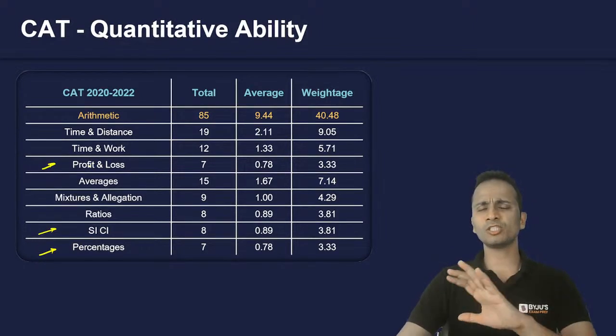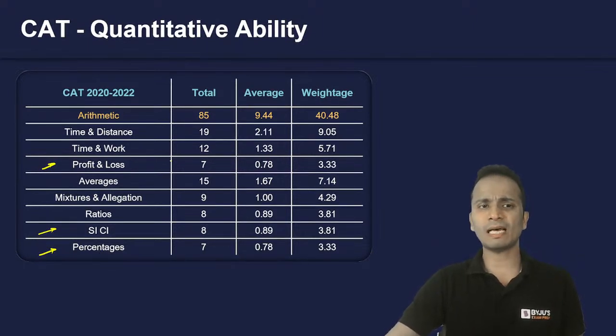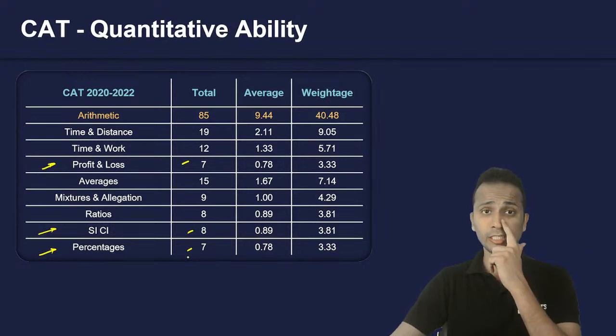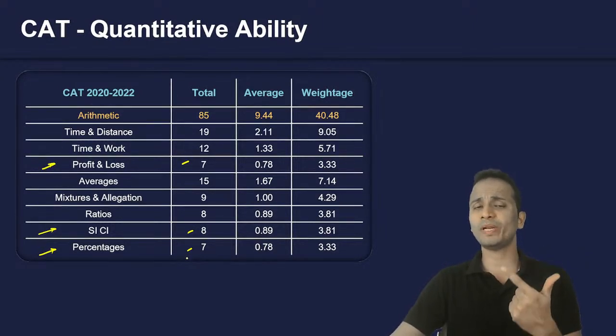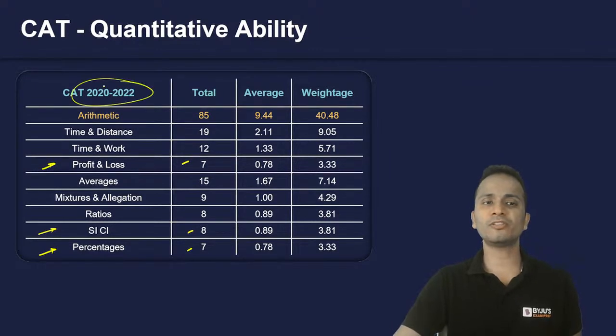Profit and loss is not a separate topic; it is nothing but an application of percentages. So from percentages and their applications alone, you have 7, 8, 15 and 7, so 22 questions appearing in the last 3 years, 2020, 2021 and 2022. This is the data for these 3 years. Likewise, you can have a look at the other topics as well.